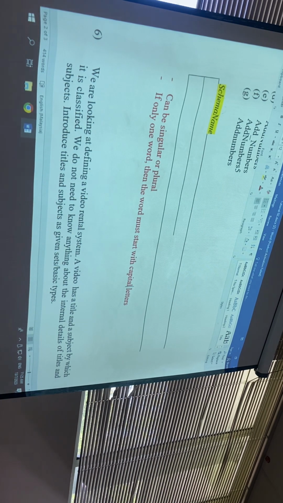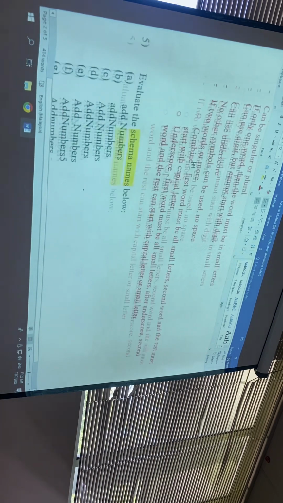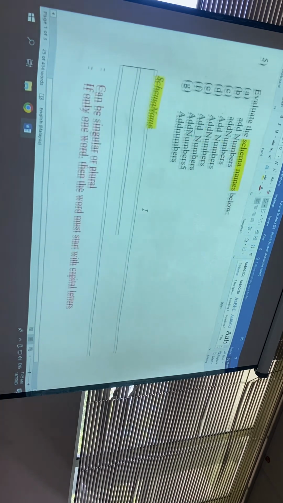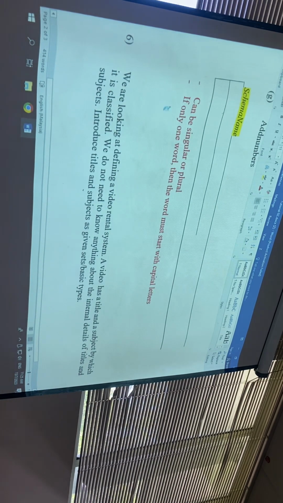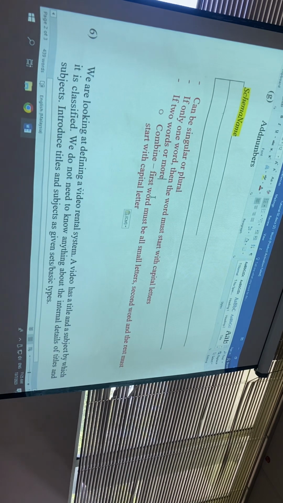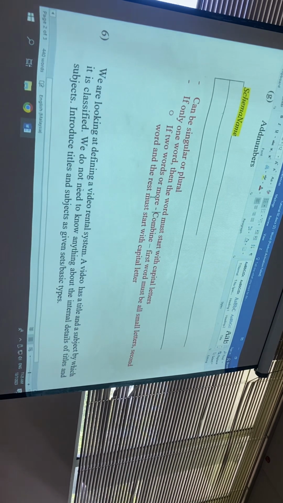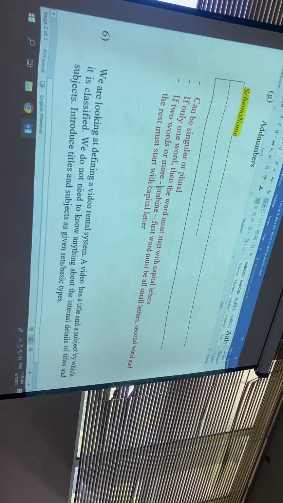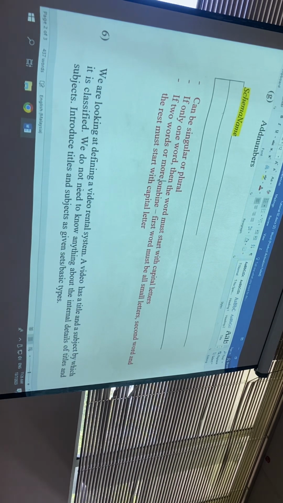If two words or more, you need to combine them as one word.